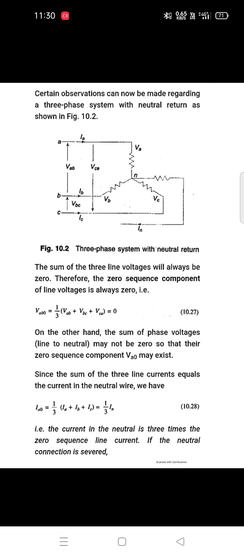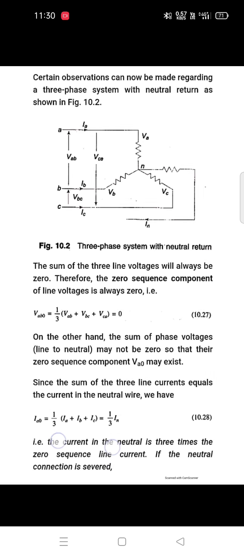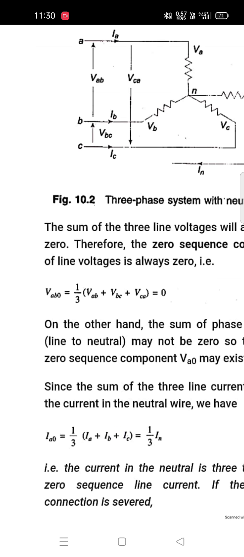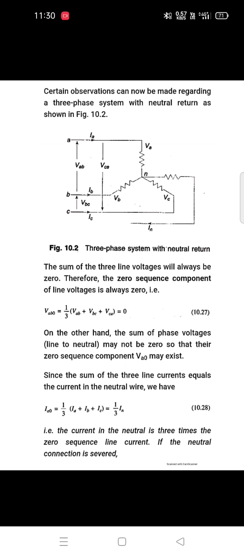Since the sum of three line currents equals the current in the neutral wire, we have IA0 equal to 1 upon 3 (IA plus IB plus IC). We can also say IA plus IB plus IC is the current in neutral, so IA0 is 1 upon 3 into IN. The current in the neutral is 3 times the zero sequence line current.